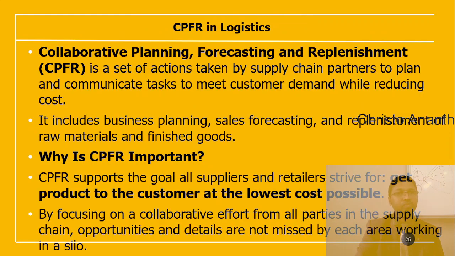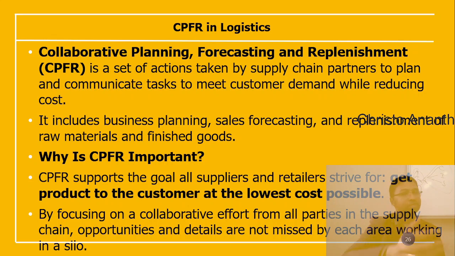And CPFR: collaborative planning, forecasting, and replenishment. These are actions taken by the supply chain partners in order to plan the tasks and communicate them, especially to cater to customer demand, while also reducing cost.